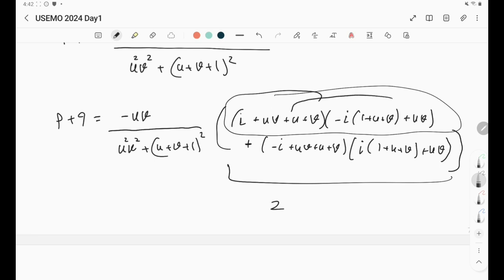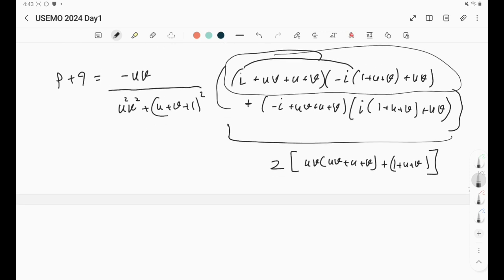If you multiply this by this, that means 2 times uv times uv plus u plus v, and for these two, the I squared will become minus 1, and negative times negative is positive, so it's going to be plus just 1 plus u plus v. So all of this is just going to simplify to this. As you can see, this is a very nice trick that helped us save tons of time and effort.